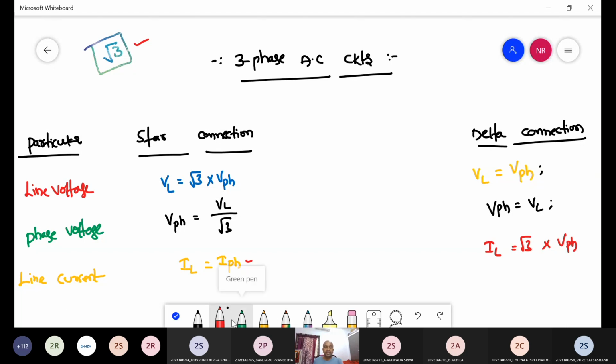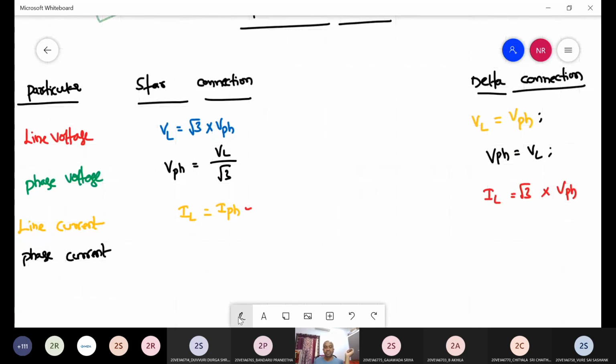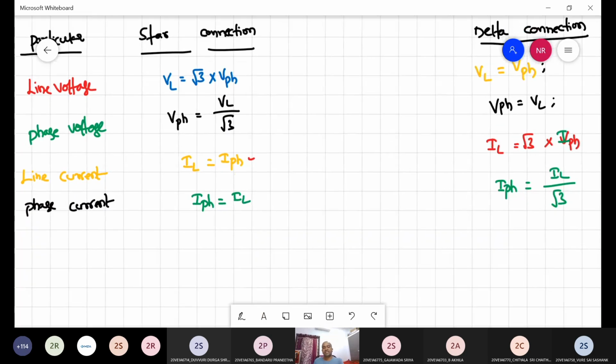Next one, phase current. In star, I phase is equal to IL. In delta, I phase is equal to IL by root 3. These are the line currents and phase currents.